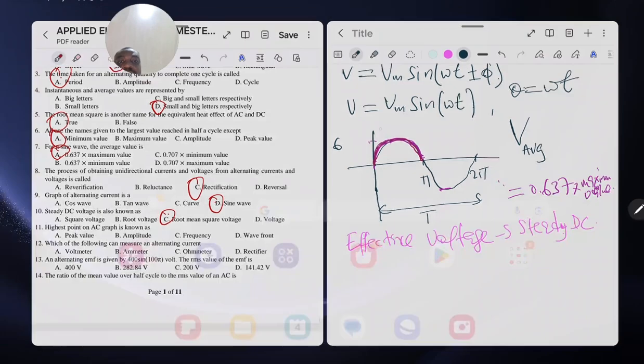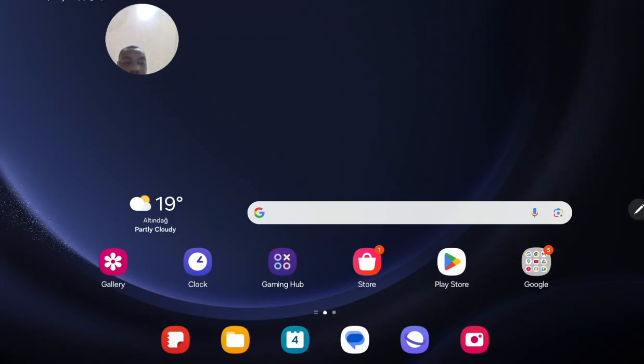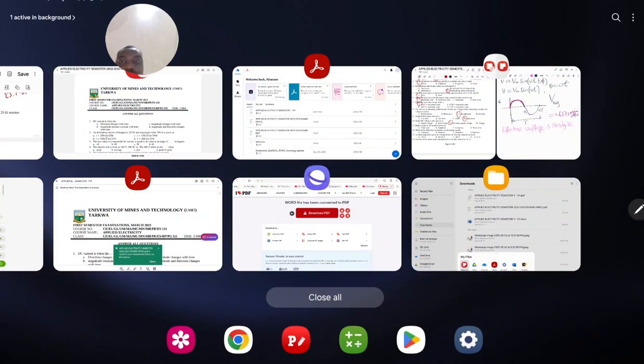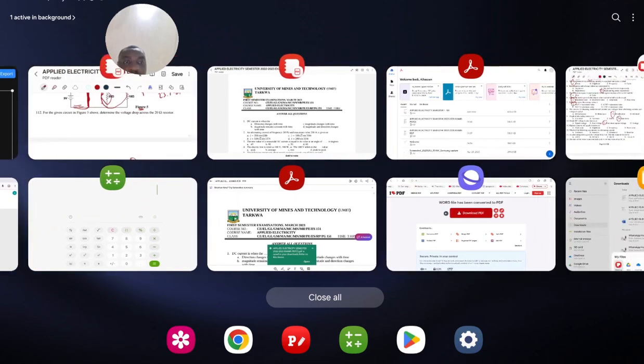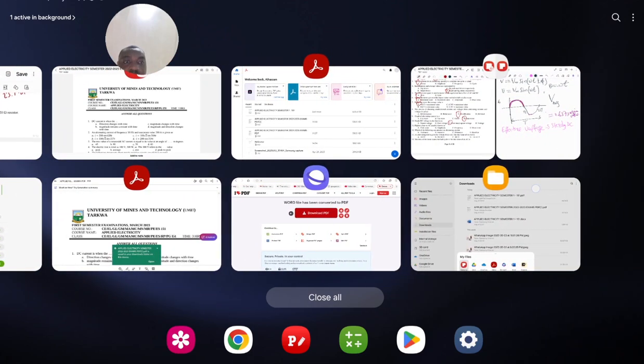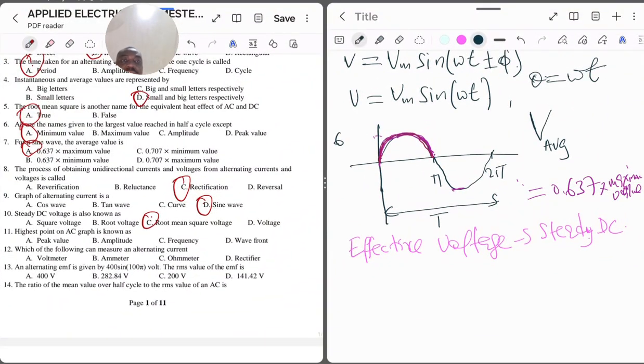So if this is my current, then the highest point in the AC, we refer to this point here as the what? We call it the peak value, right?